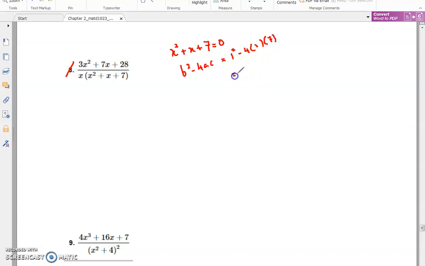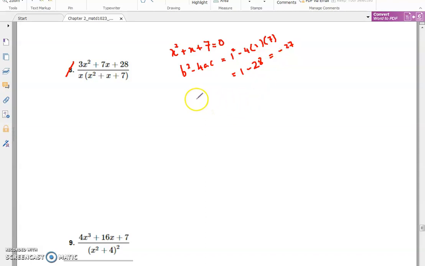If we calculate here, the value is supposed to be 1 minus 4 times 7, which is 28, where we are going to get negative 27.